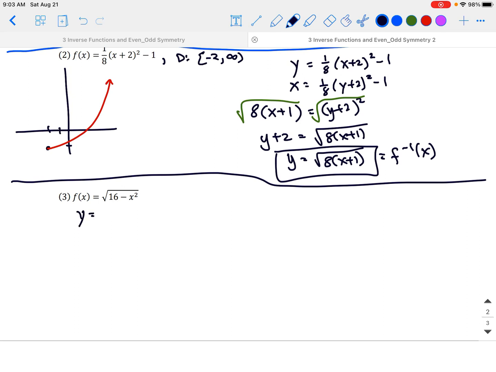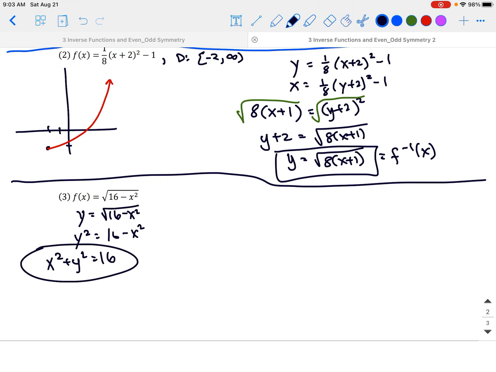So something to begin with is we can manipulate this. We can square both sides and then add the x squared over. And what we'll see here is that this is the equation of a circle with radius 4 centered at the origin. So the actual graph of this function is going to be some portion of that circle.